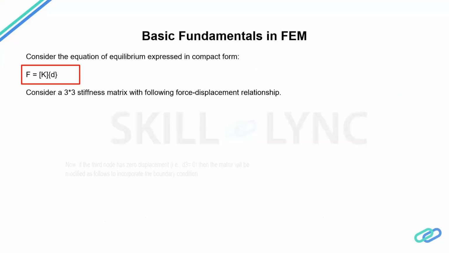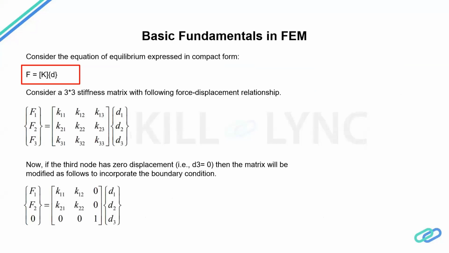So if you look at the fundamentals, this is the basic of how a CAE, or how an FEM program, basically runs. You have a set of equations. In this case, we are looking at the equation of equilibrium, which is F equals K times X, or otherwise represented with a D, which is nothing but displacement.